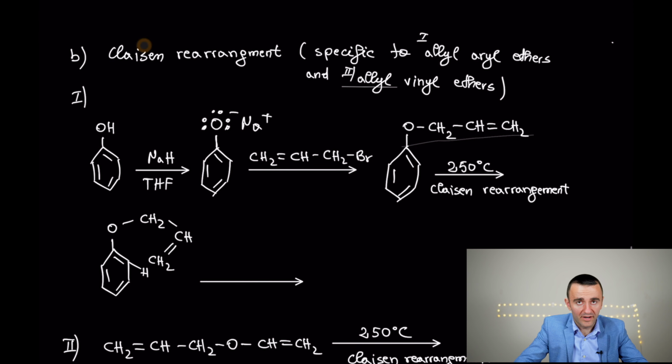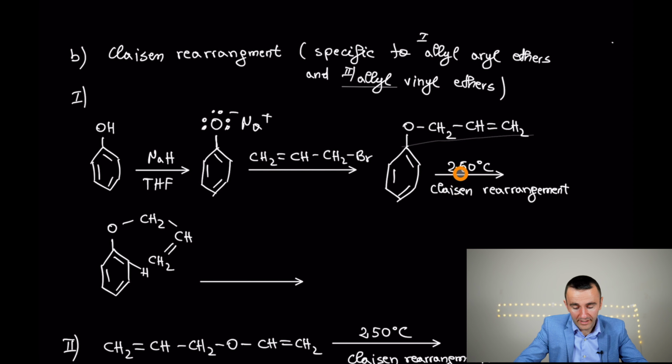The second reaction of ethers is Claisen rearrangement, specific to allyl-aryl ethers and allyl-vinyl ethers. Up until now, from an alcohol you can treat with a strong base, form an alkoxide, and after that you can react that with a primary halide and yield an ether.